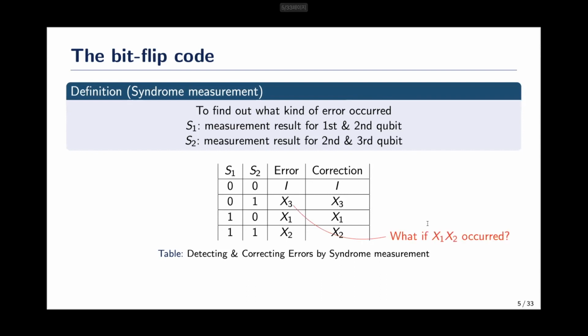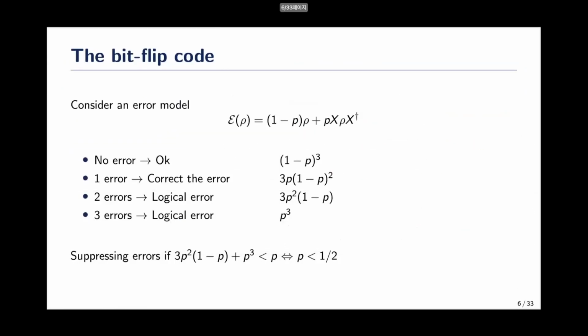But what if a Pauli X error occurs on both the first qubit and the second qubit? It also has measurement result 0 and 1, and this bit flip code cannot protect against this error. It causes a logical error. Let's consider this model.